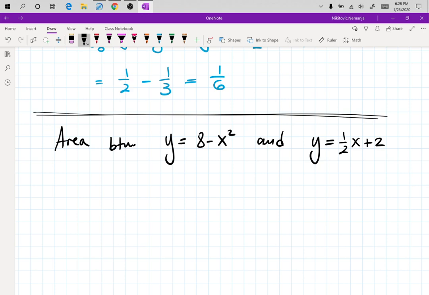So if we get at least something nice, or it's the square root of 35.